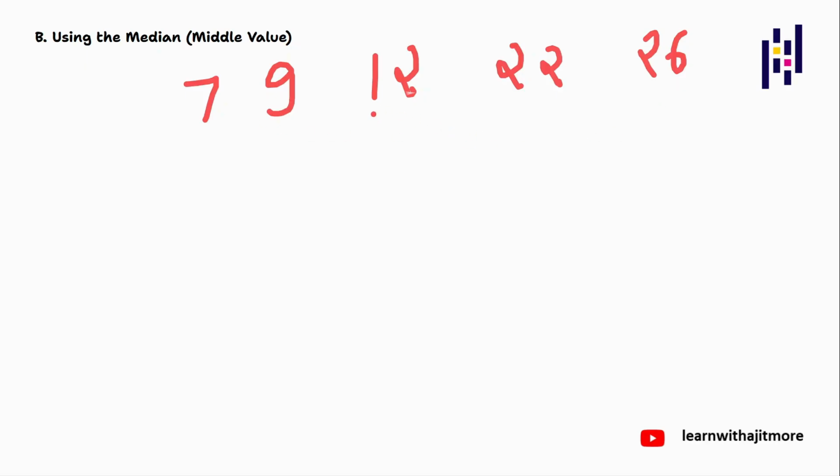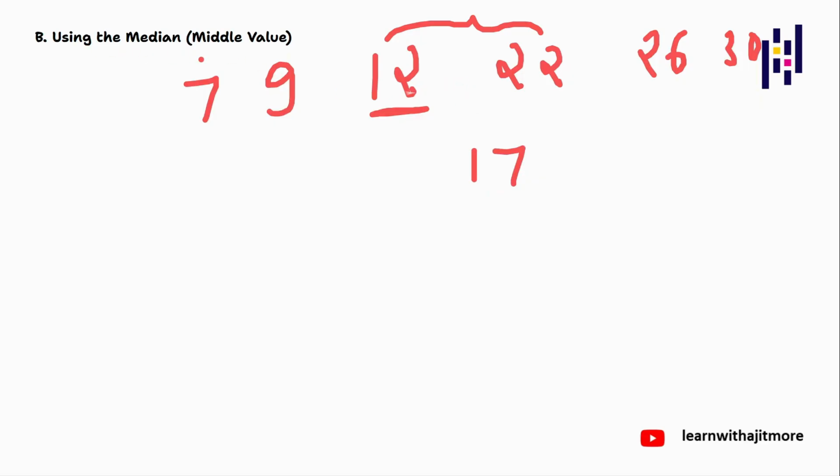If there are odd numbers, only one middle is there. But if there are even numbers, then take the two middle values, add them and divide by 2. Like here, suppose one more is there, 30. So we have to take the middle two, 12 and 22, and divide by 2. So it is 34, and 34 by 2 comes to 17, and 17 will be the median.